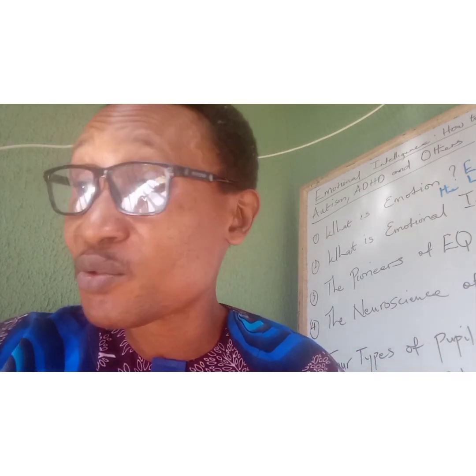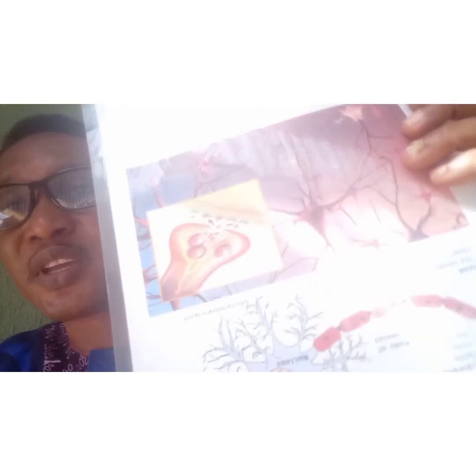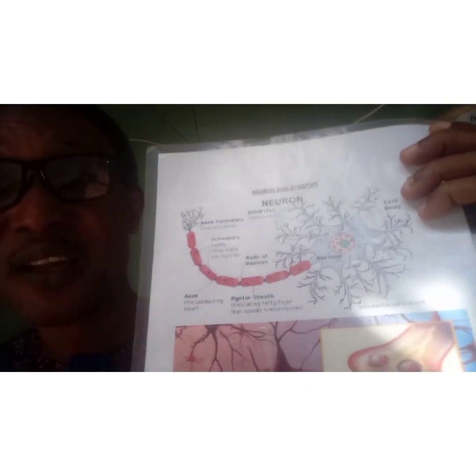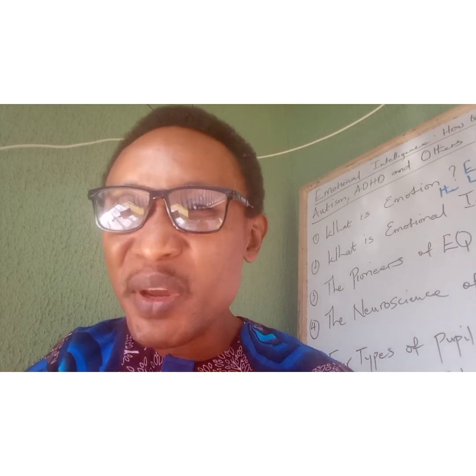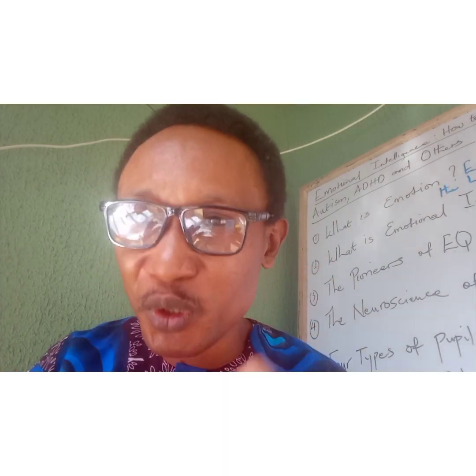As soon as students see you and they become scared, the academic neurons in their brains immediately switch off. So whatever you teach them at that moment will not stick.